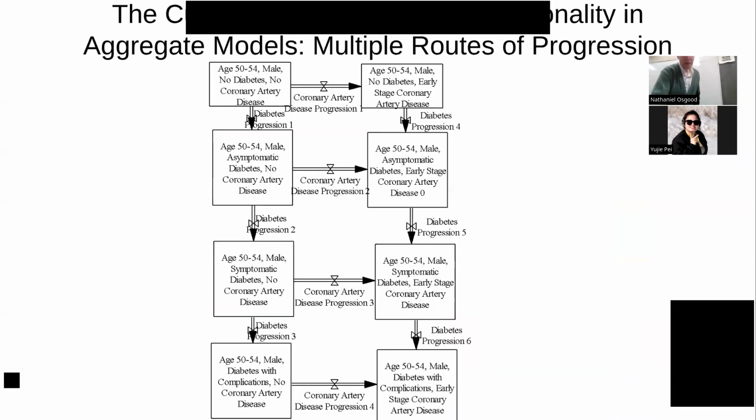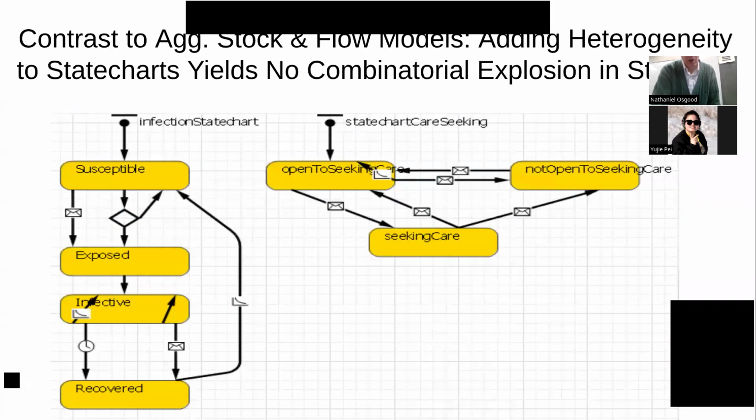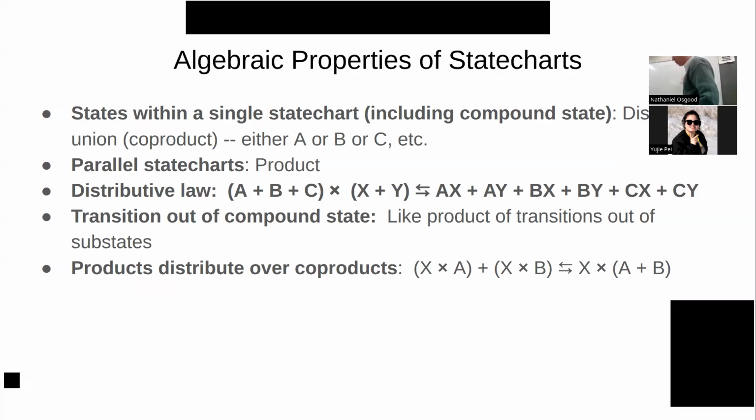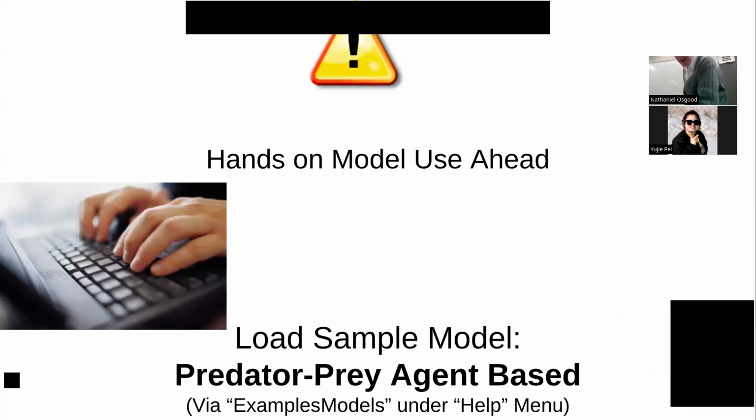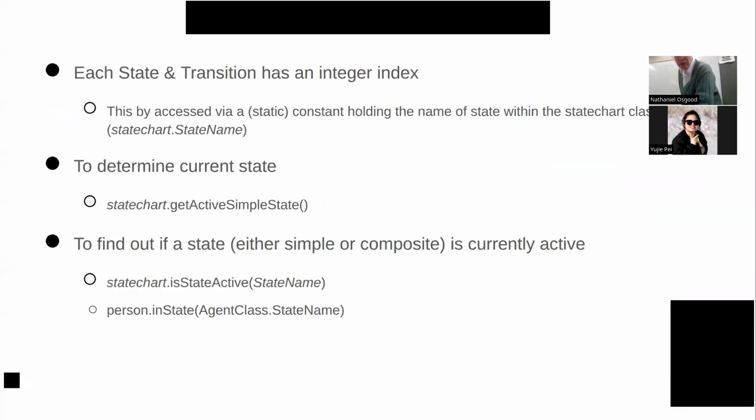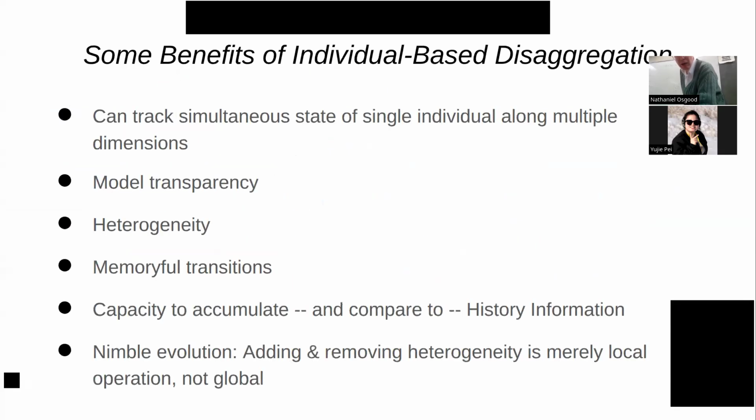Similarly, if we wanted multiple routes of progression for coronary artery disease and diabetes, we have to deal with this combinatorial explosion. That's what we're dealing with. With stock and flow modeling at an aggregate level, we need to have all combinations of possibilities. And that becomes burdensome.